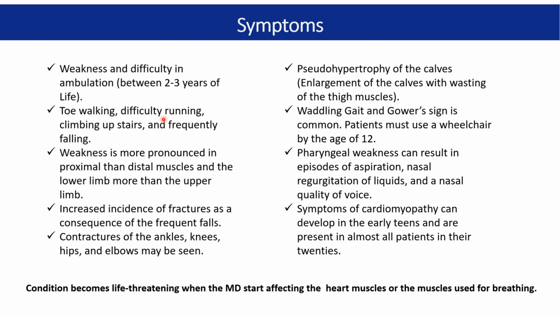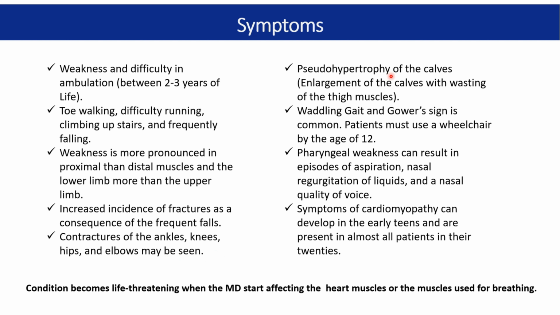They find difficulty in running, climbing stairs, and have frequent falling. Weakness is more pronounced in the proximal muscles than the distal muscles, and the lower limbs, meaning the legs, are mostly affected compared to the upper limbs. Increased incidence of fractures is usually seen, and contracture of the ankles, knees, hips, or elbows is more common.